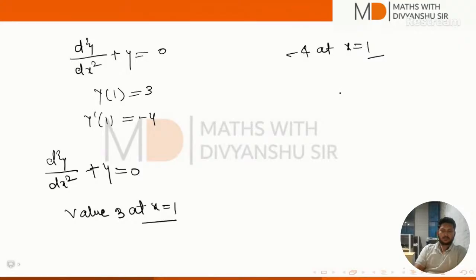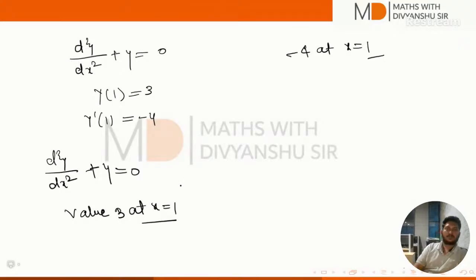Now come to one more definition related to the first order differential equation. I have already told you the definition for the first order differential equation, which is related to your initial value problem, so no need to tell you again.